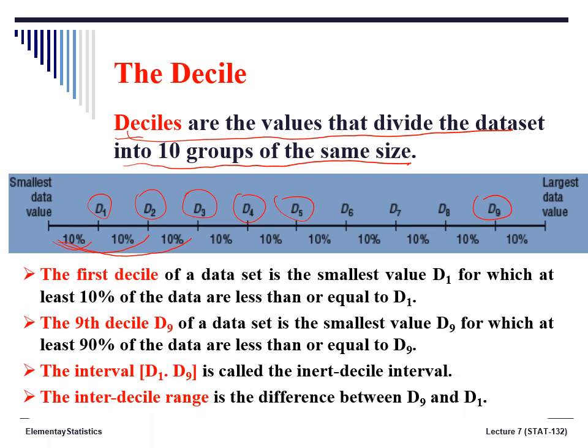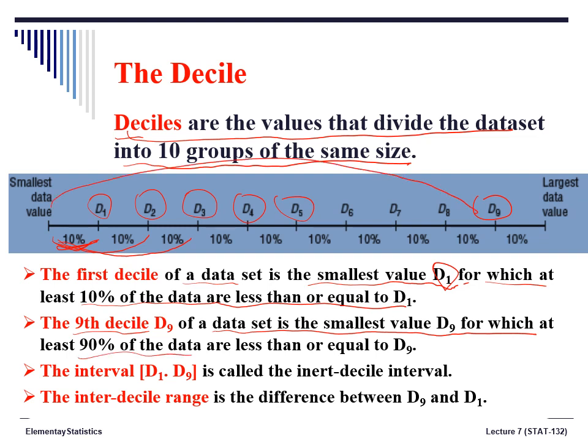Now, the first decile of a data set, we call it D1, is the smallest value for which at least 10% of the data are less than or equal to D1. The ninth decile is the smallest value for which at least 90% of the data are less than or equal to it.